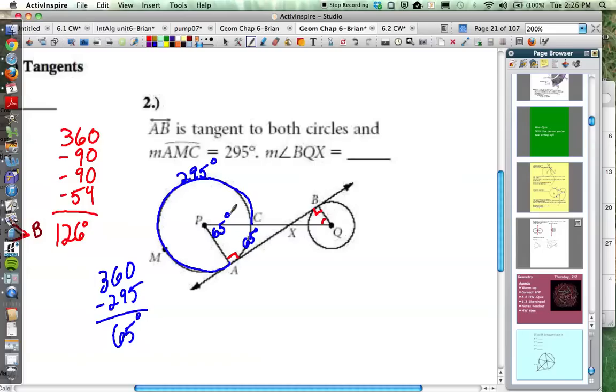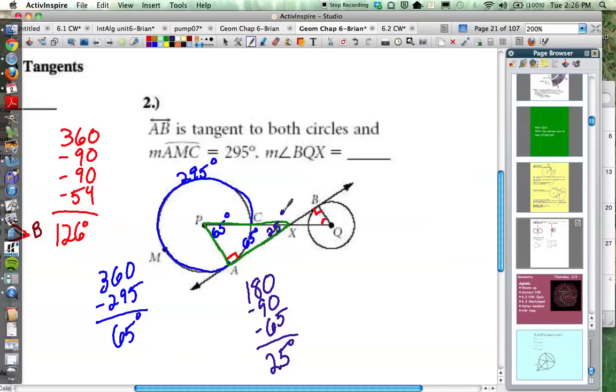Okay, so let's just do a little bit of an angle chase here. Notice we have a triangle. And we now know that we have a 65 degree angle, we have a 90 degree angle, and so now we just have to find the leftover angle right there. So 180 degrees in a triangle, minus 90, minus 65, that will leave us with 25 degrees. So this angle right here is 25 degrees.